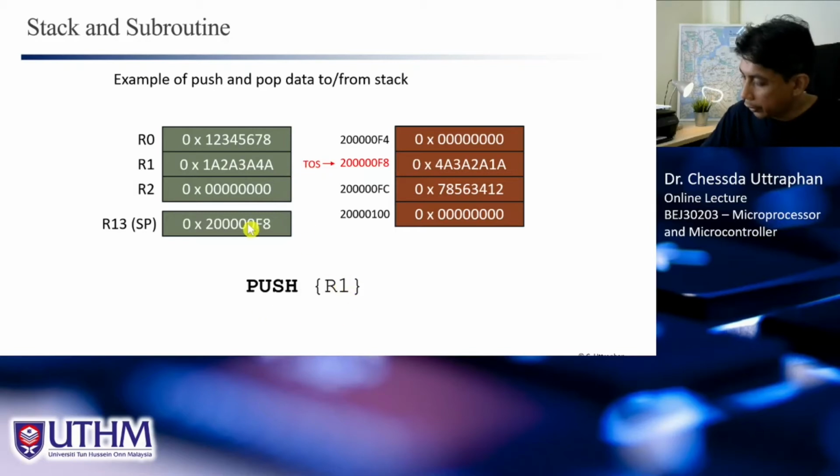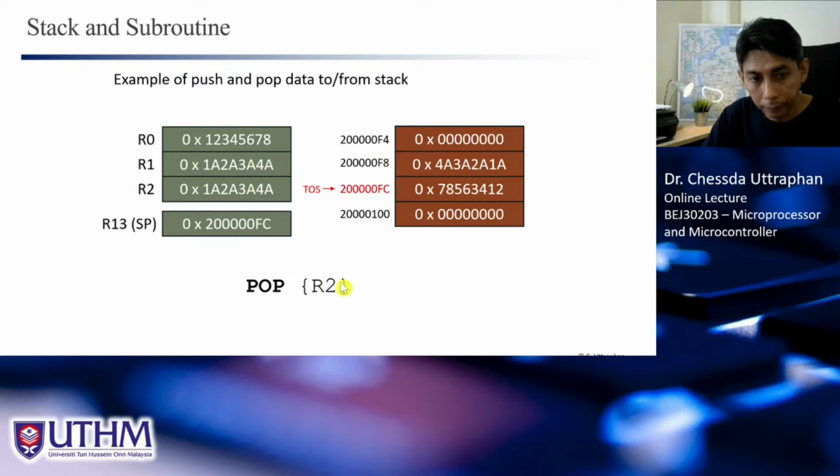And when you want to retrieve the data back, it means that you want to pop the data out of the stack. So when you pop R2, R2 will get the data from the top of the stack here. This is the data.